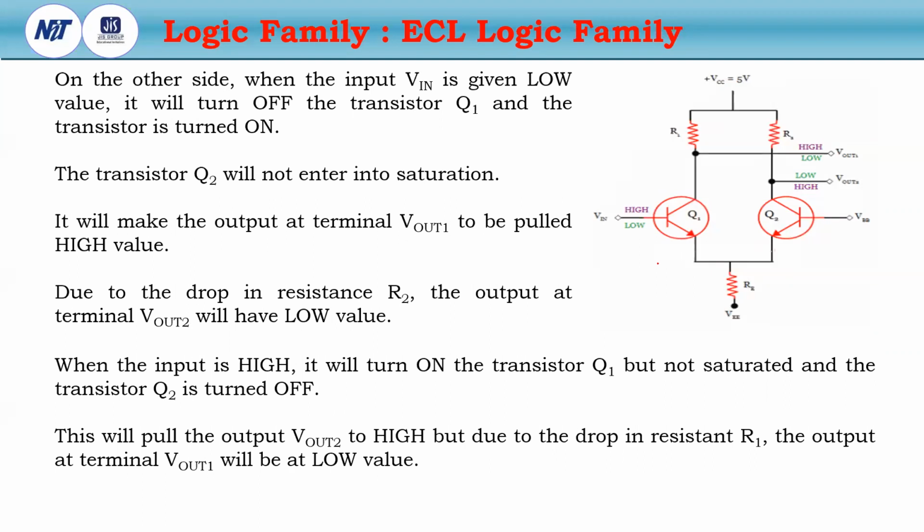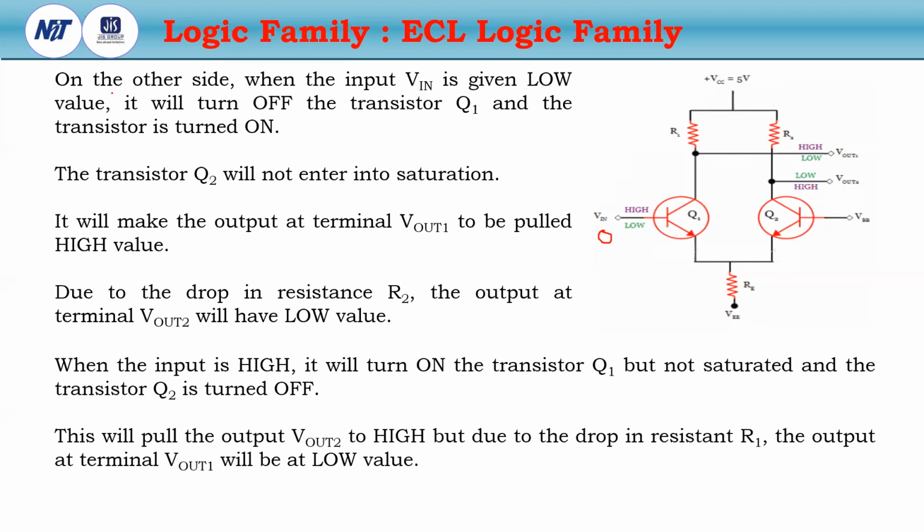On the other side, when the input Vin is given low, then this transistor will be in cutoff. If this is 0, then the transistor will be in the cutoff state. And if the other transistor Q1 is cutoff, then Q2 will not enter into saturation.